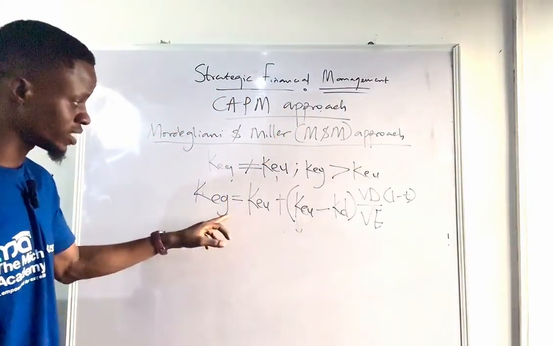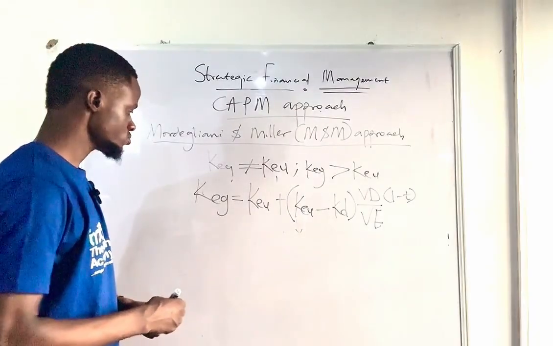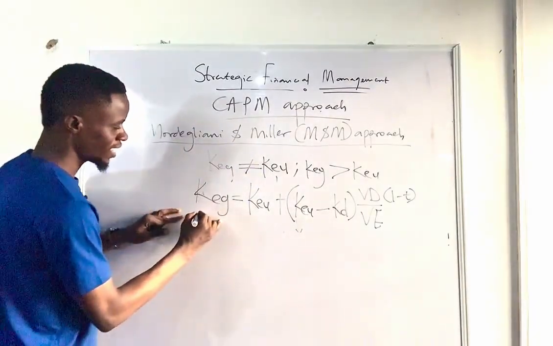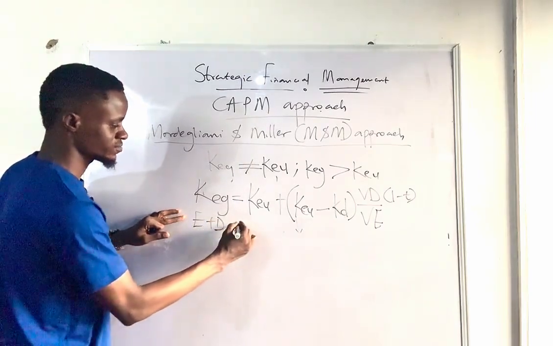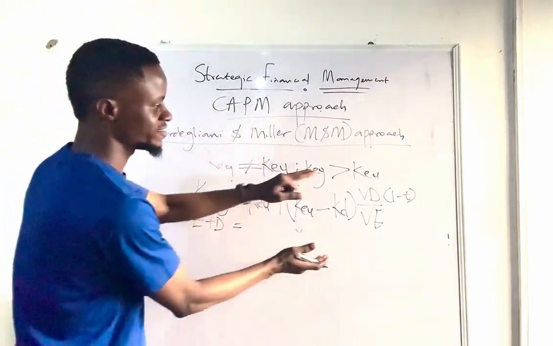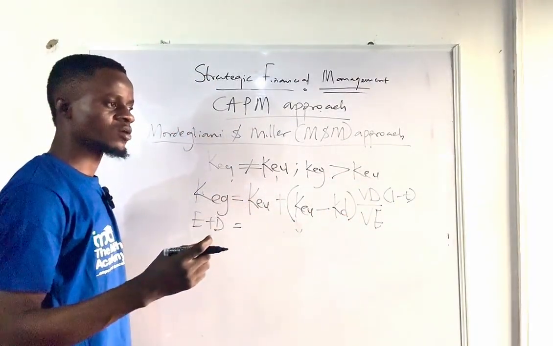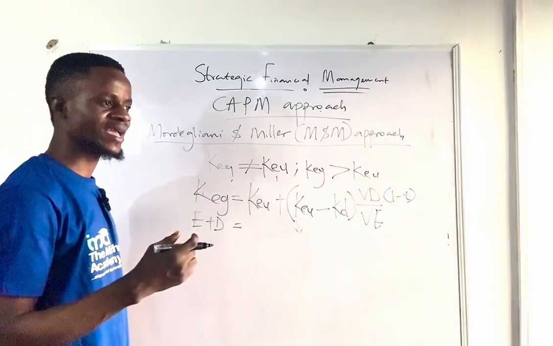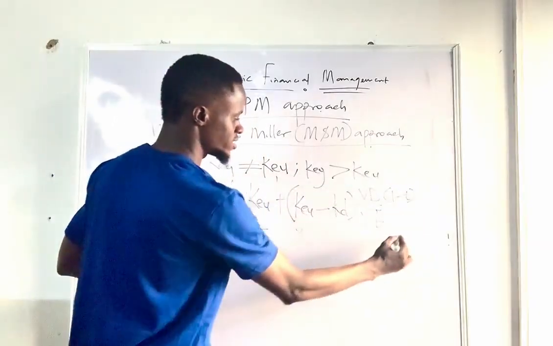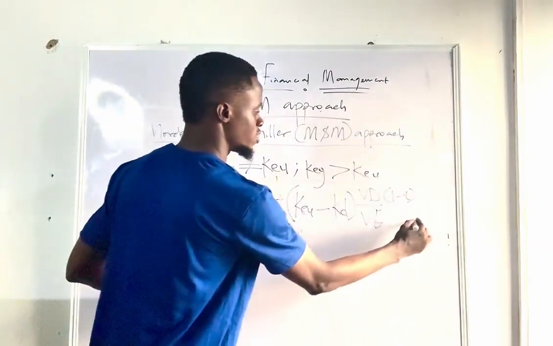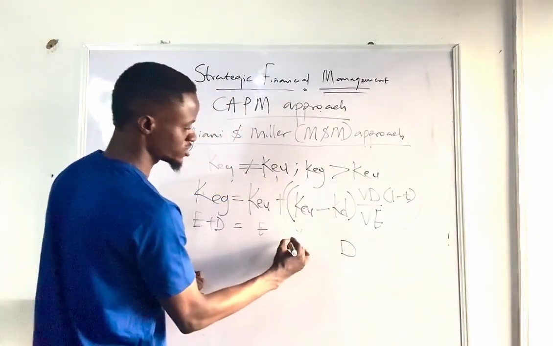So now I want you to remember this clearly. A way to remember this is Keg has a debt element, right? Both equity and debt. And this is the formula for it. K is just the cost of capital of a company that is financed by equity alone. So this is equity, and everything here is related to debt, and we have the plus here.